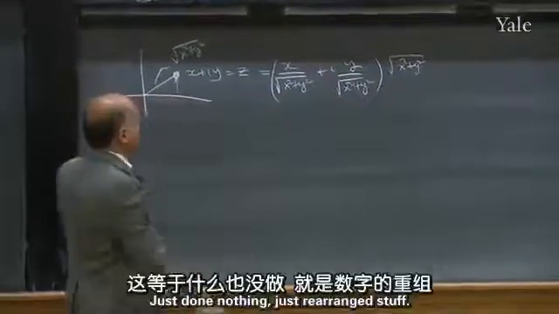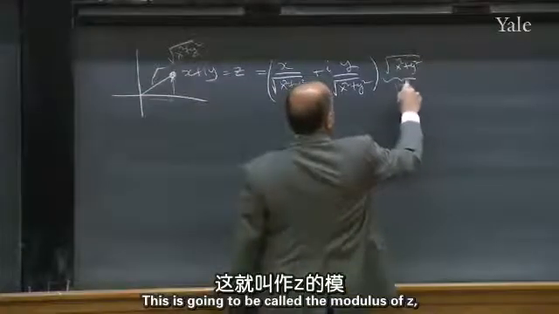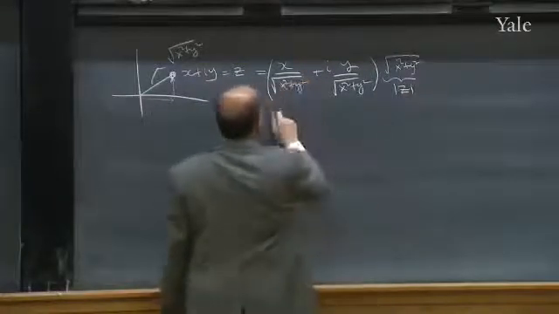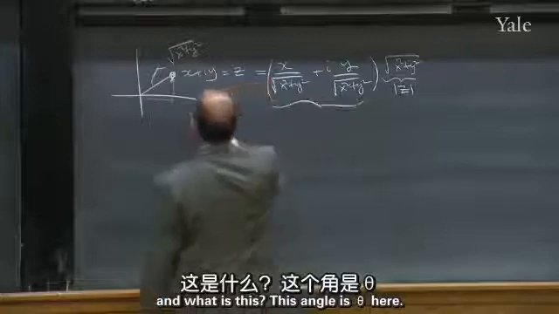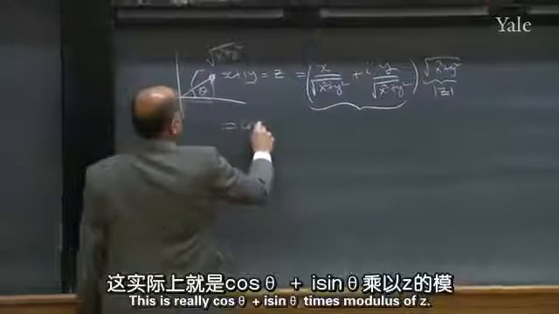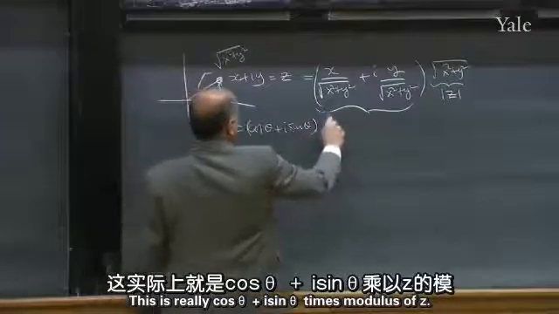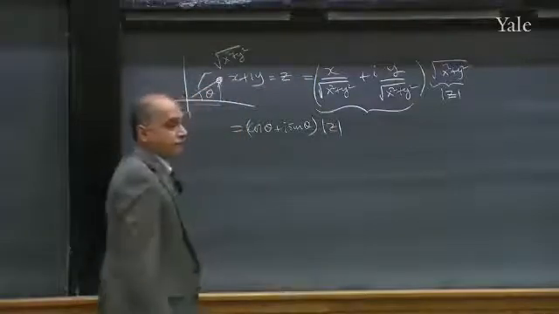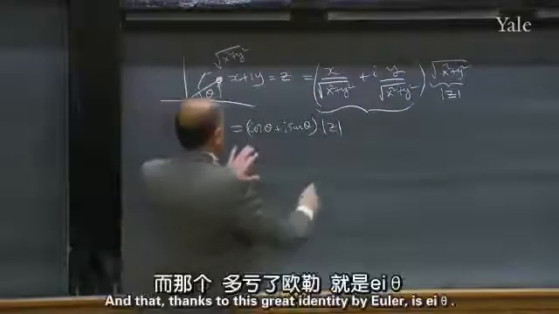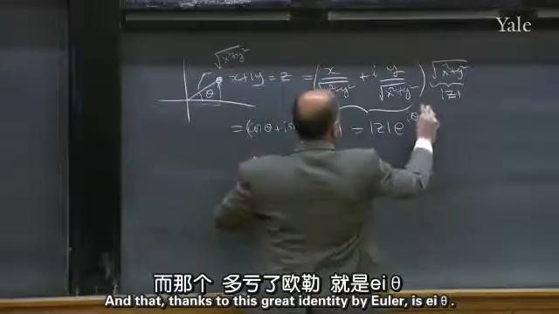Just done nothing, just rearranged stuff. This is going to be called the modulus of z. And what is this? If this angle is theta here, this is really cosine theta plus i sine theta, times the modulus of z. And that, thanks to this great identity by Euler, is e to the i theta.